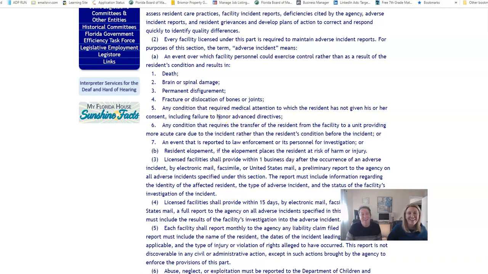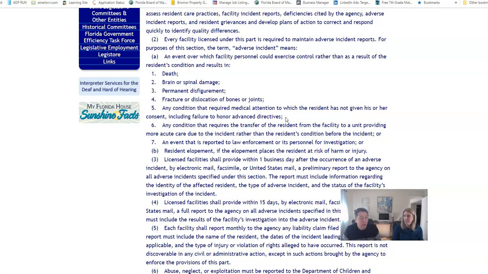Any condition that required medical attention to which the resident has not given his or her consent, including failure to honor advance directives. So that would be a big no-no. You need to understand that the DNRO training is not just something that you pass off on your staff. Make sure they truly understand what each person's advance directives are.